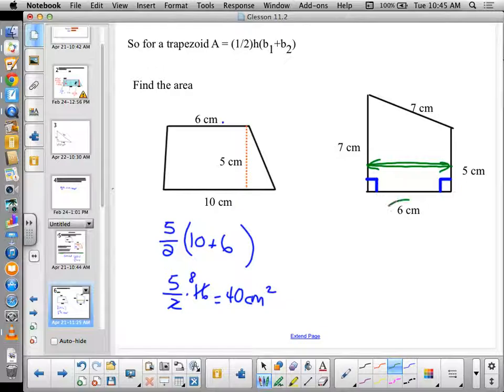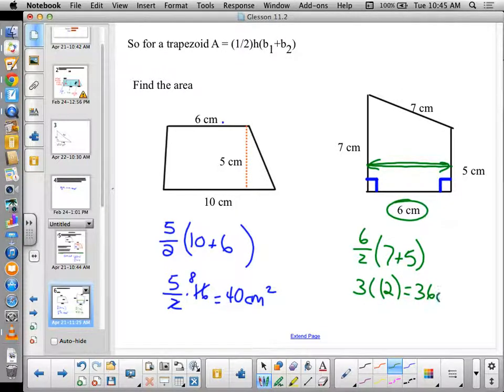Therefore, this 6 is the height. The bases, therefore, are which measures? 7 and 5. So that's 3 times 12. So 36 centimeters squared is my area.